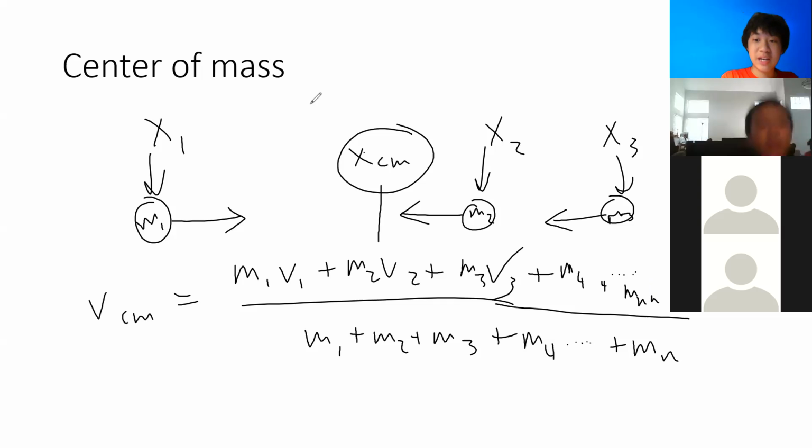Because if we have a bunch of masses moving, the center of mass must be moving in some direction, right? And that's how we would calculate the velocity of the center of mass. Okay, any questions about this? So that's the formula for center of mass.